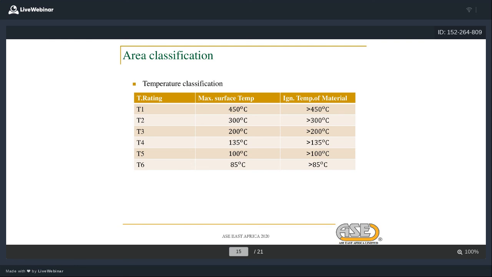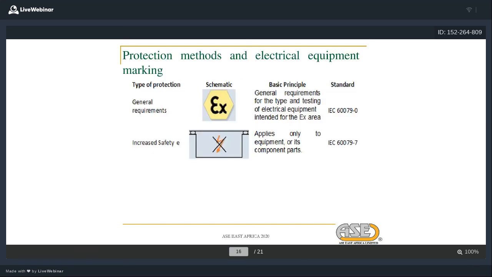So T6 can be installed in all areas, for example, in areas which have an ignition temperature of 100 degrees Celsius.